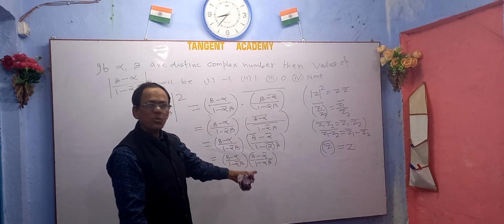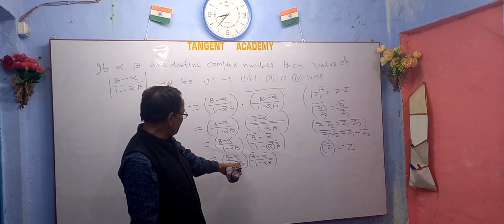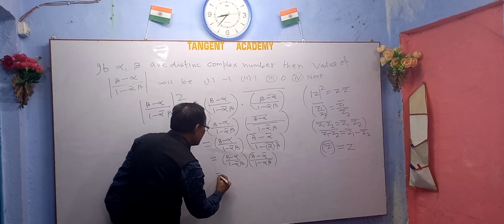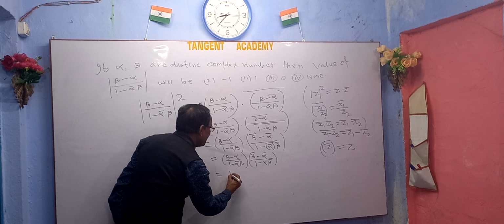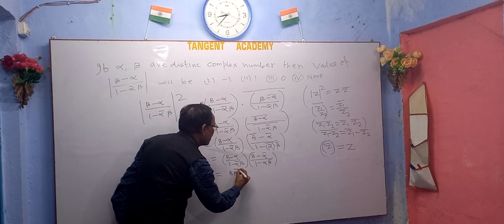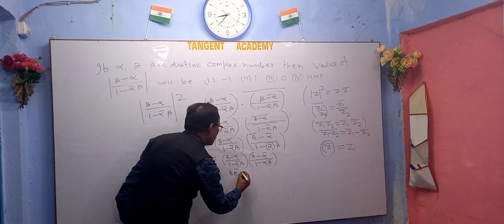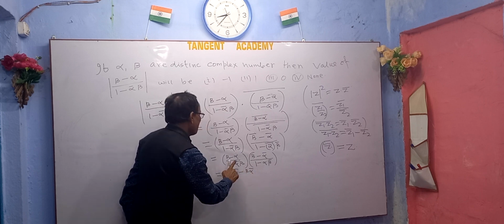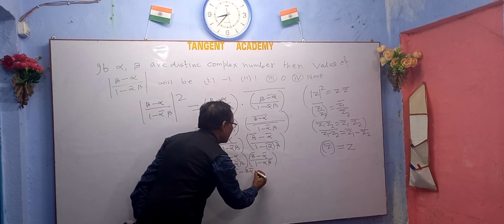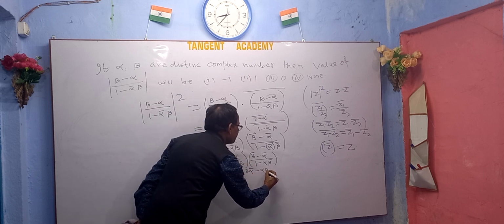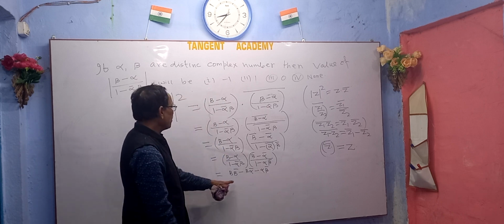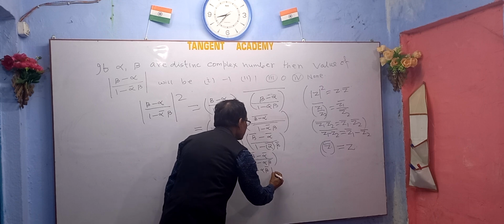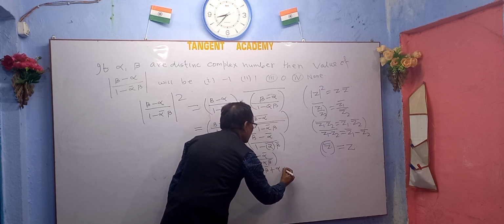Now we will go through plain, simple multiplication. When we multiply beta into beta bar, we will have beta into beta bar, minus beta into alpha bar, minus alpha into beta bar, plus alpha into alpha bar.